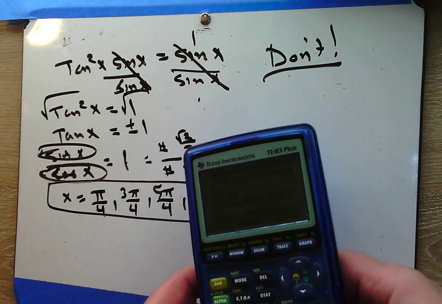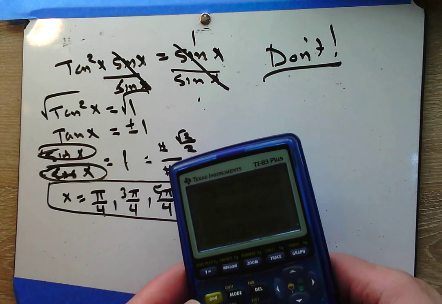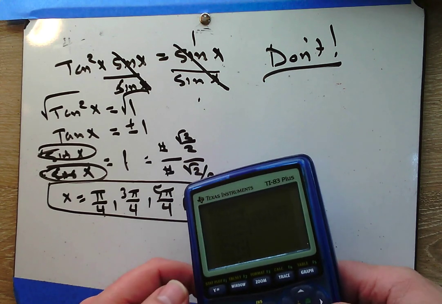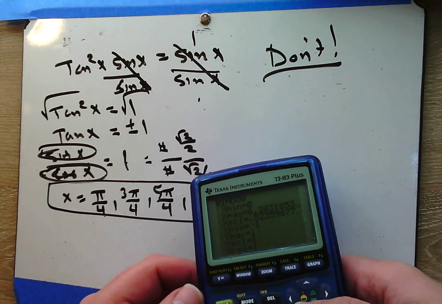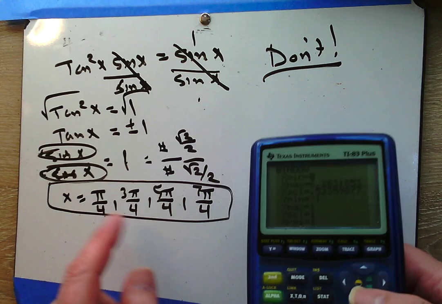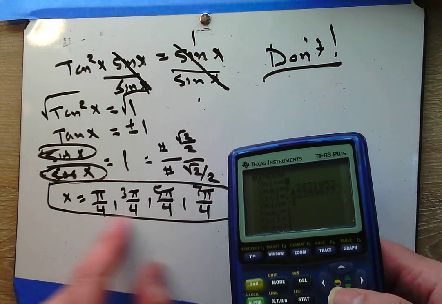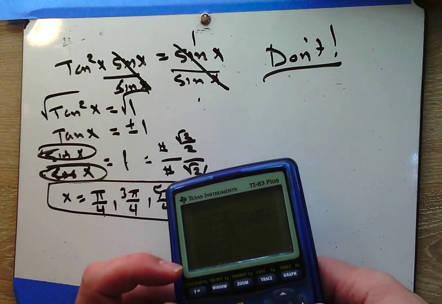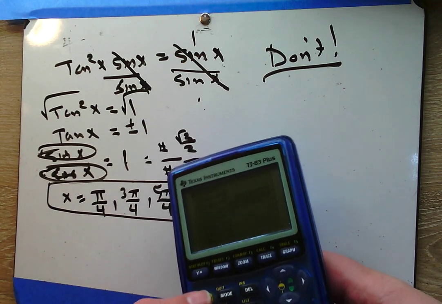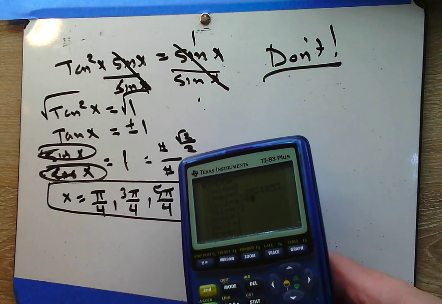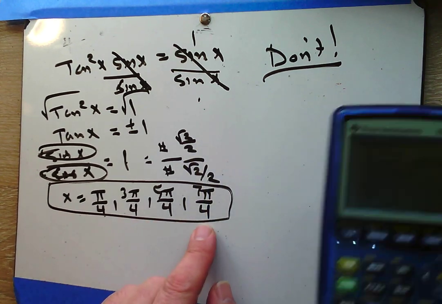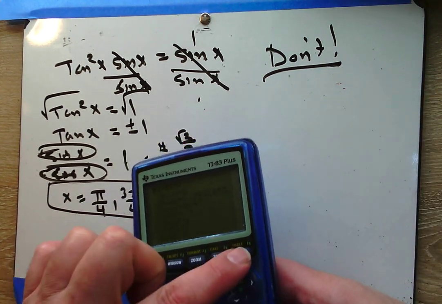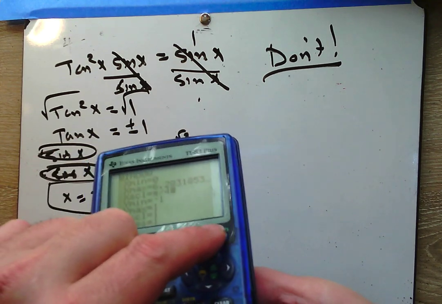In y2, I'm typing in sine x. And I still want the 0 to 2 pi graphing window, because that's where I want to check my solutions. These solutions were all 0 to 2 pi. Going from -1 to 1 is fine. I'm going to set my x scale this time on pi divided by 4, because all of our solutions are pi over 4 based. And then I'm going to hit graph.